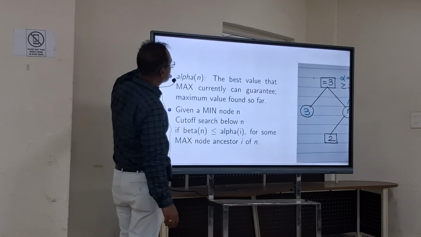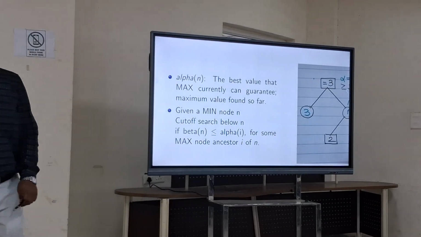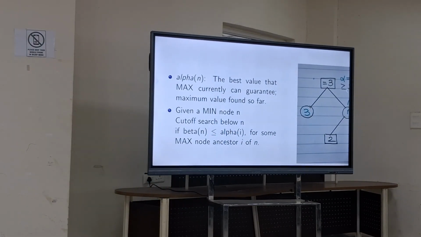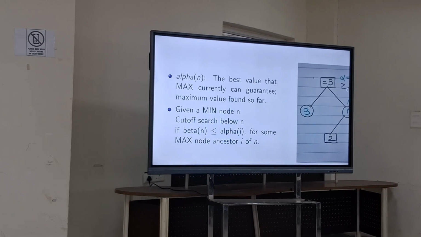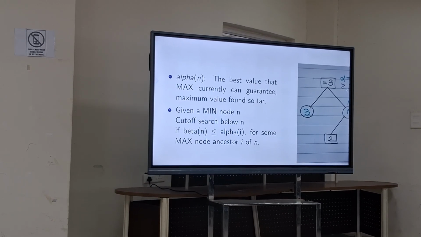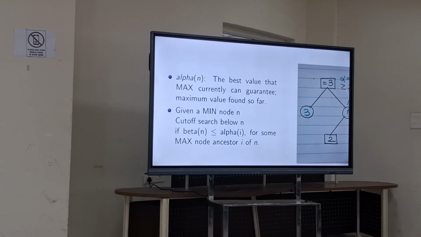Similarly, alpha value, you write the best value that max currently can guarantee. Alpha value is the best value that max can guarantee, that is the maximum value obtained so far. So you have written alpha means max, beta means mean.